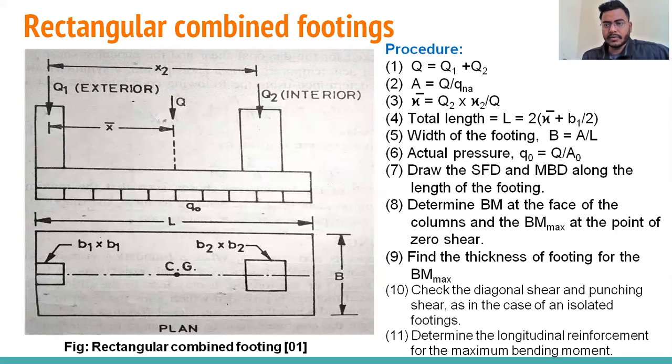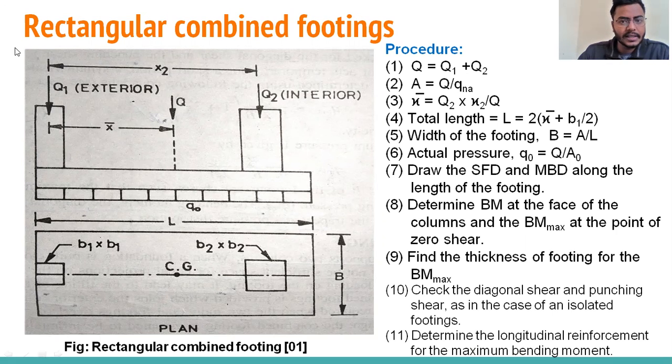That is not our work. From a geotechnical point of view, we are going to draw only the shear force diagram and bending moment diagram. So whenever we see any problem, we decide the length and width, and then we can go for the shear force diagram and bending moment diagram for the combined footings.